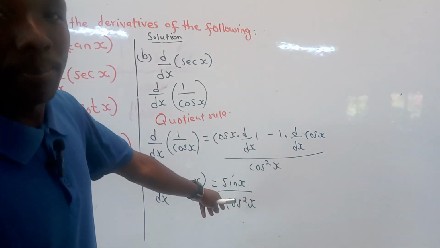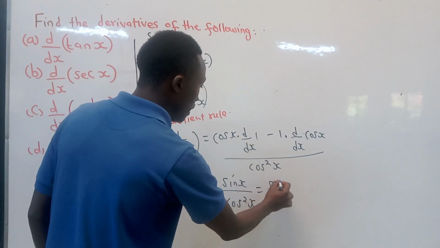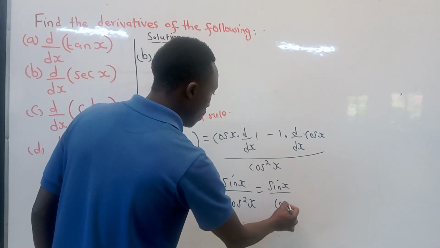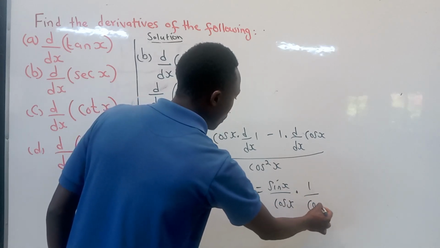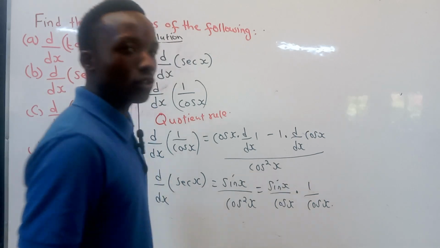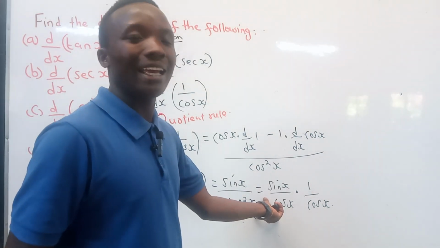So we can simplify this one further. This is the same as saying sine of x over cos of x multiplied by 1 over cosine of x. So when we simplify it like that, we know this alone is tan x.